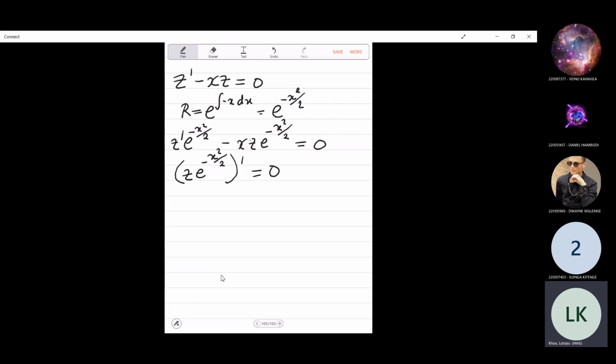And then integrating on both sides, we have z e to the power of minus x squared over 2 is equal to a constant, and then we write z in terms of y.